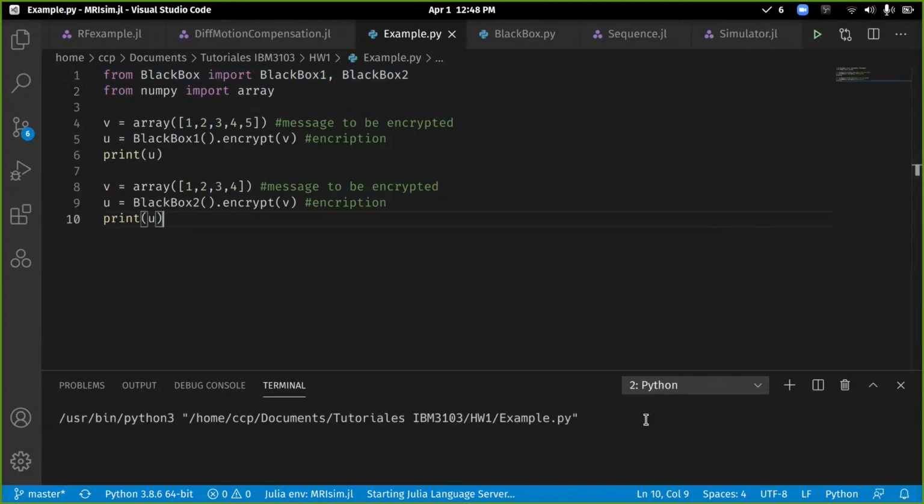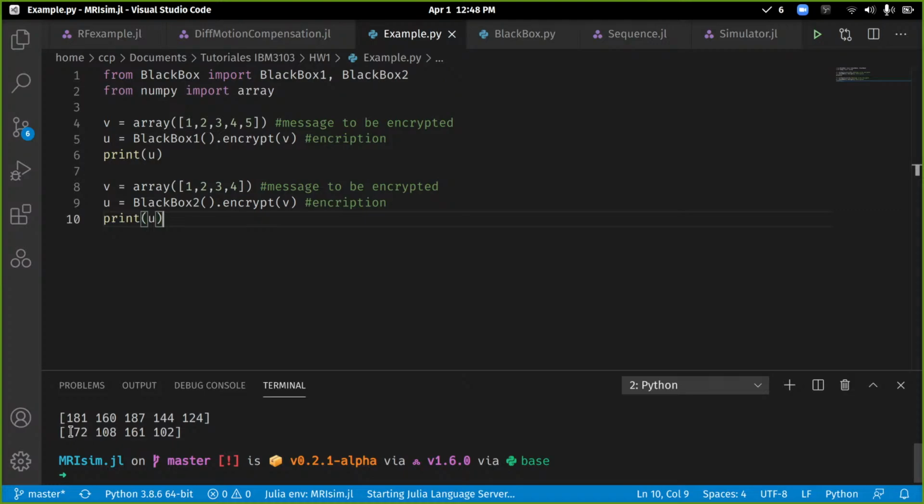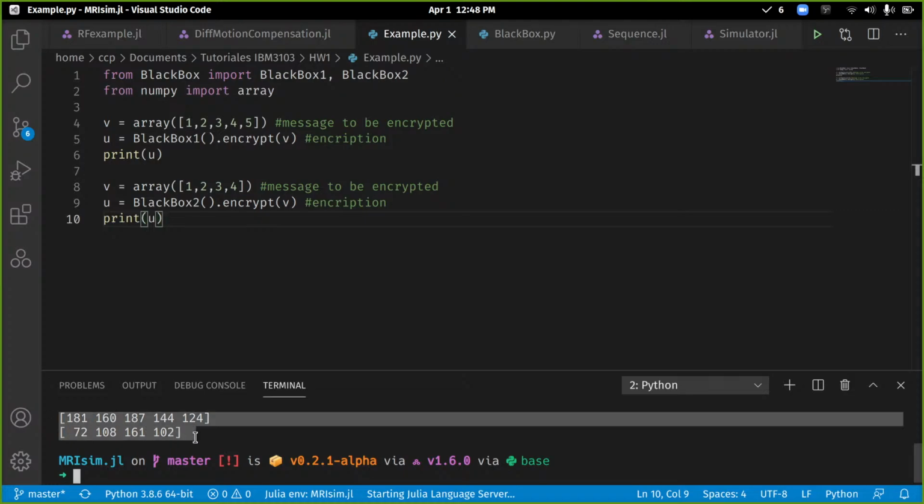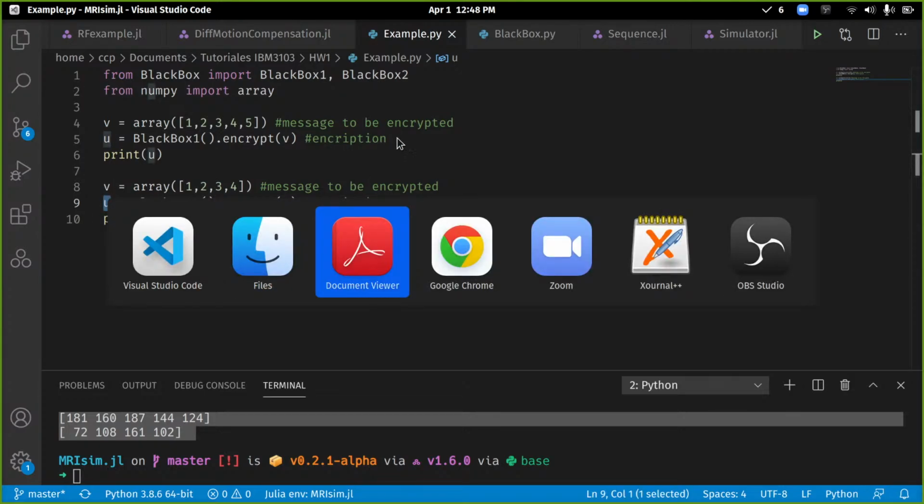If you run this, you should see those outputs that are the encrypted vectors of a message. The message here is called V, and to encrypt the message with the black box, you need to do blackbox parentheses dot encrypt and the vector, and that will give you a new vector that is the encrypted message. So that's how you use it in Python.